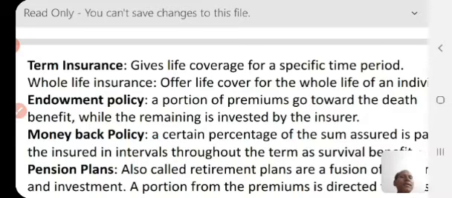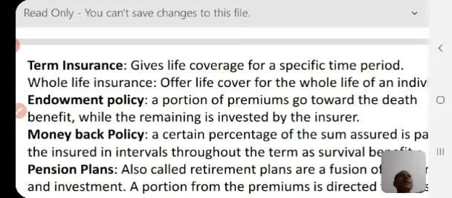In this insurance, the insured expects protection for their family members, because it won't be paid in his lifetime. After his life, the financial compensation, the financial security will be paid. So it is done only for the family members' purpose.